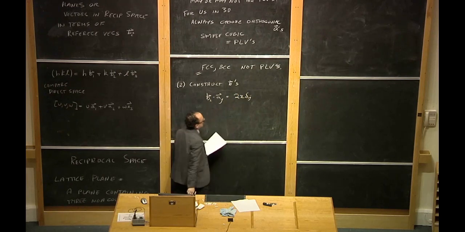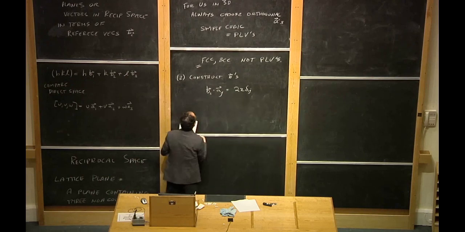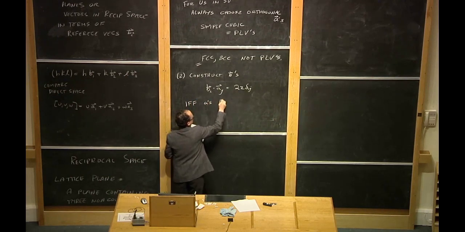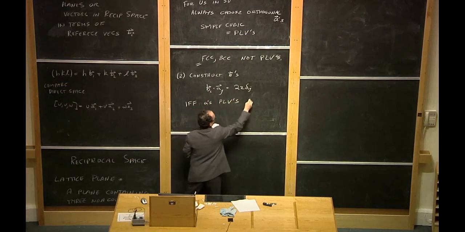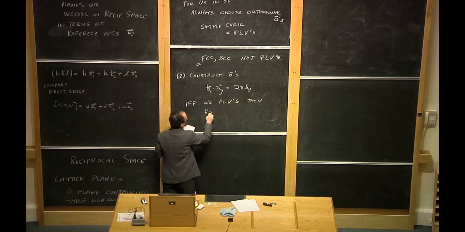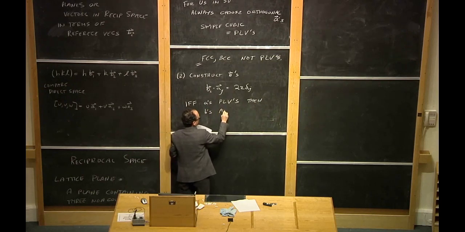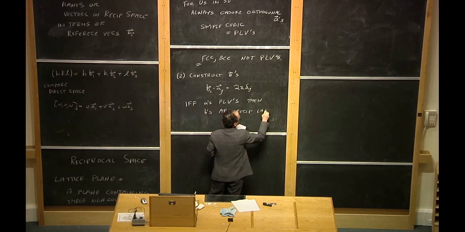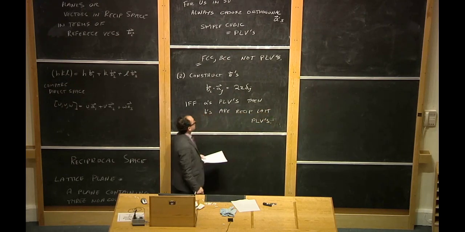And we've seen this equation before. If and only if the a's are PLVs, then the b's will be reciprocal PLVs, primitive lattice vectors.